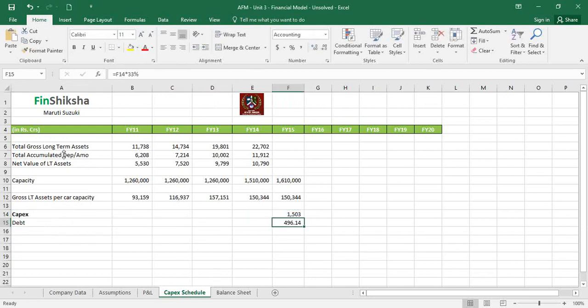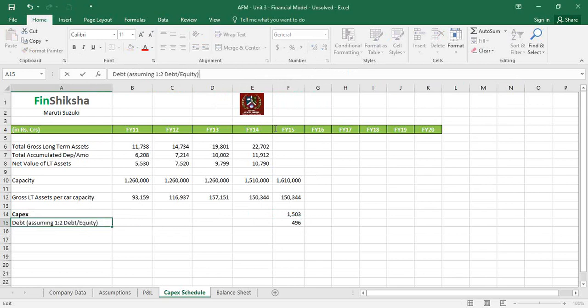So roughly about 500 crore or close to that kind of debt would be needed to be raised to fund this capex, right? And I can write here somewhere, with the debt assumptions itself, we can either add a comment and say assuming 1:2 debt by equity.